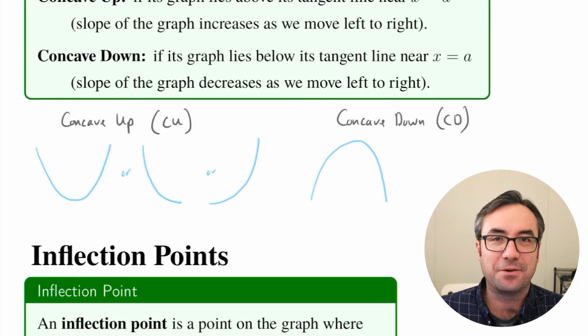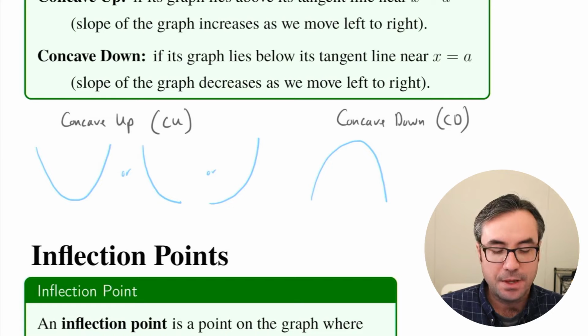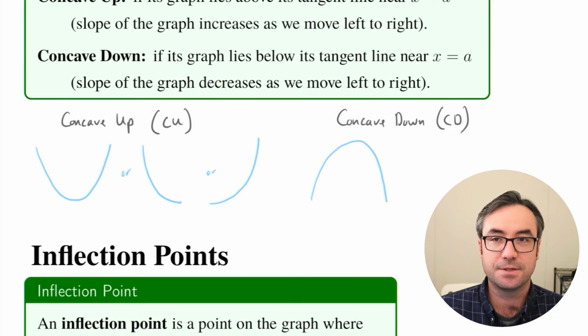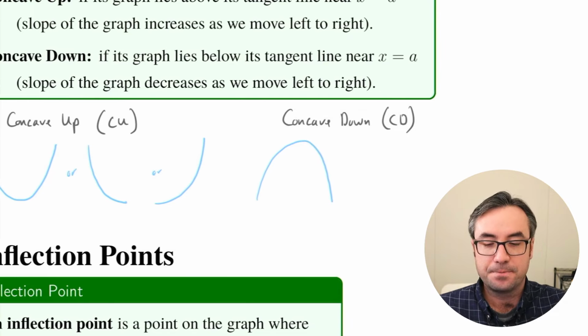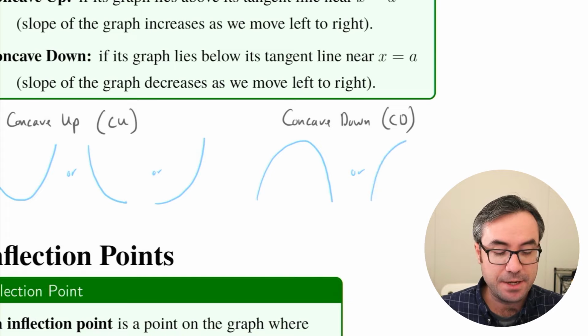Almost concave down like a frown, if you want a little rhyme there. But it's an upside down U. And it might not be the full thing. It might only be like half of this. So it might just be the left side, or it might just be like the right side of this. So concave down, you might have the whole upside down U shape, or it might just be one side, or it might just be the other side there.